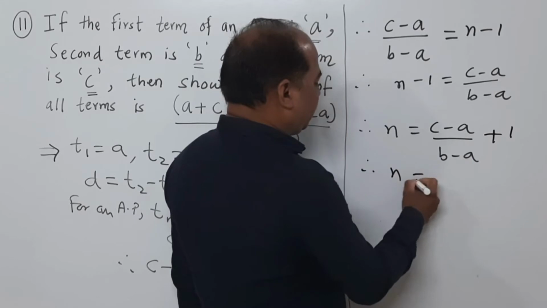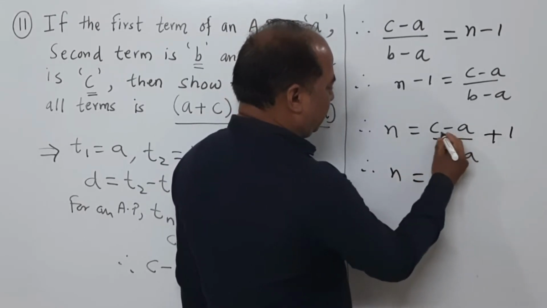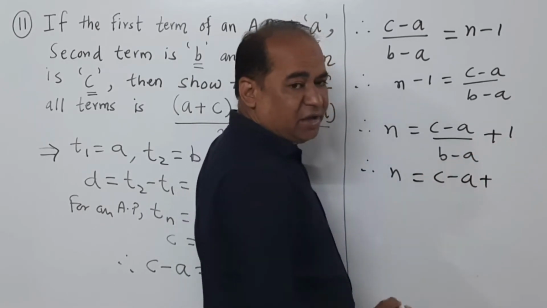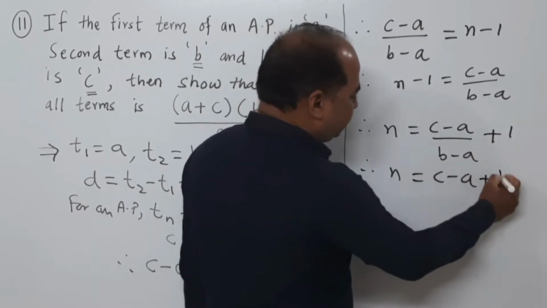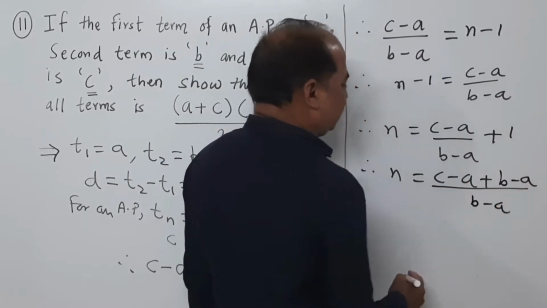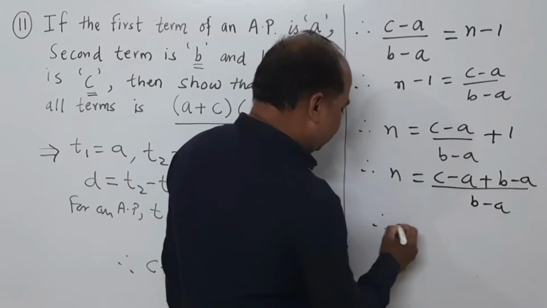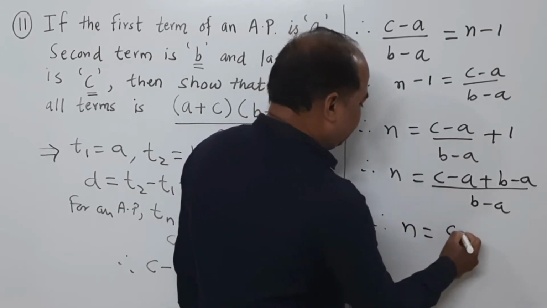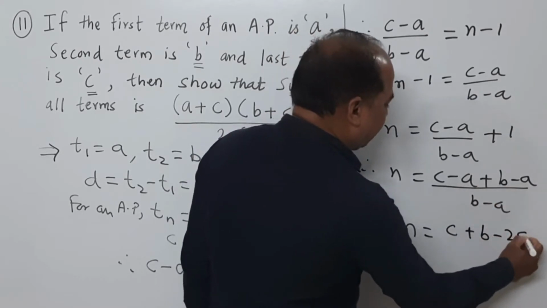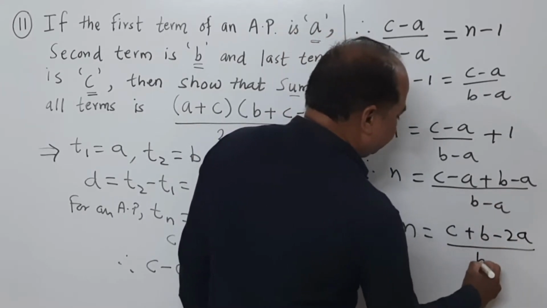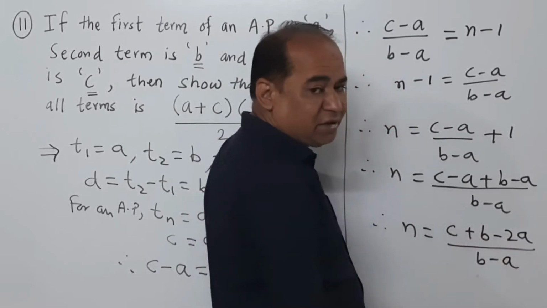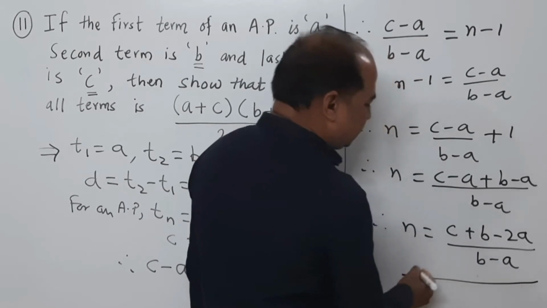Therefore, cross multiplication: C minus A plus 1 into B minus A. 1 into B minus A is B minus A, upon B minus A. Therefore the value of n will be C plus B minus A, which will become minus 2A, upon B minus A. So the value of n is C plus B minus 2A upon B minus A.